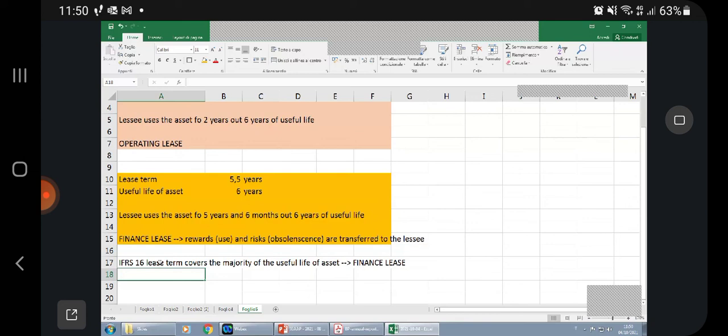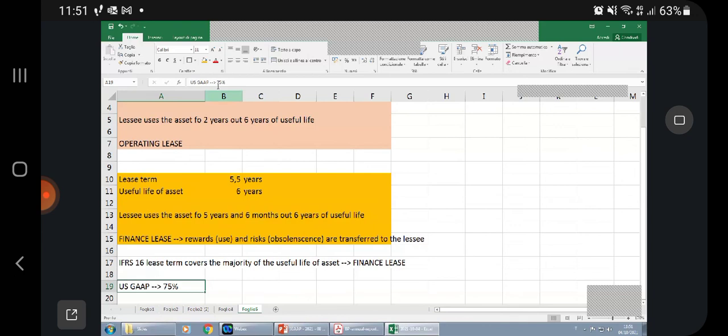US GAAP has a similar accounting treatment, but since they are rule-based, there is not just the word majority, there is a percentage, and the percentage is more than 75%.